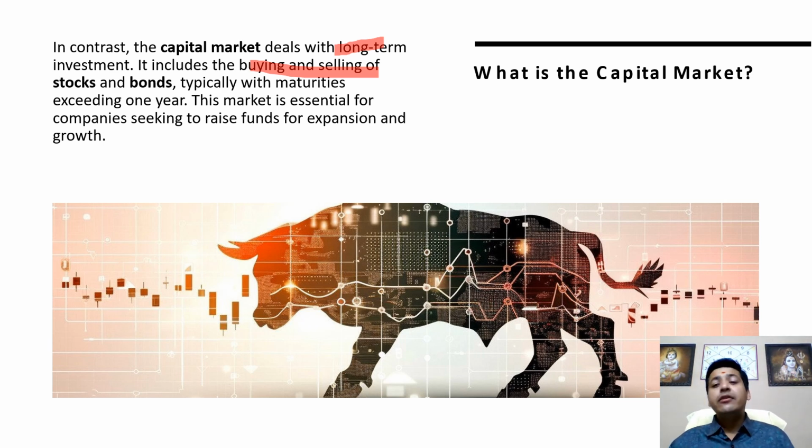So why do we have to understand both markets? Because in today's situation, if you go 10 or 20 years back, people were investing in money market instruments more. Why? Because they know these markets are very crucial, and this market can have the biggest impact. Because when you are going for the future, the future is unseen.